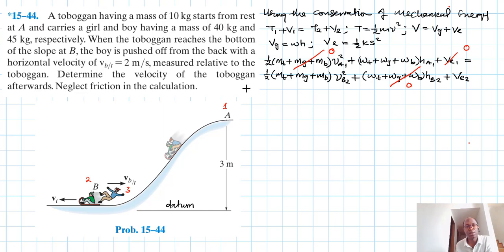So say 10 plus 40 plus 45, times 9.81, times the height, which is just 3, and this is equal to half of 10 plus 40 plus 45, times VB squared. This is in state 2.